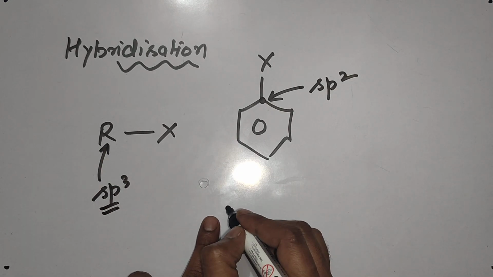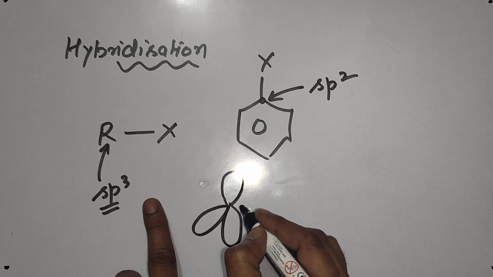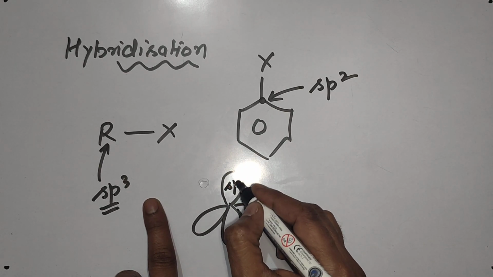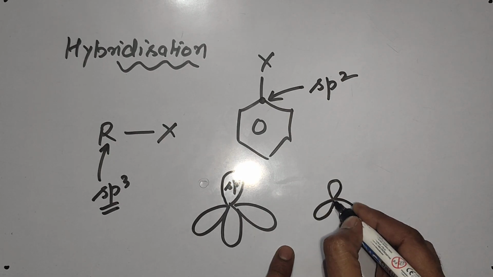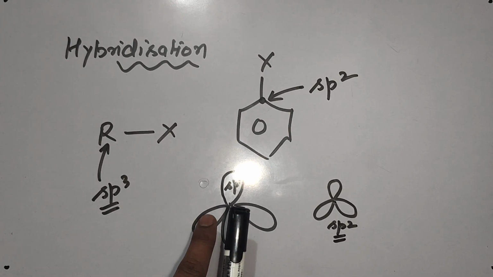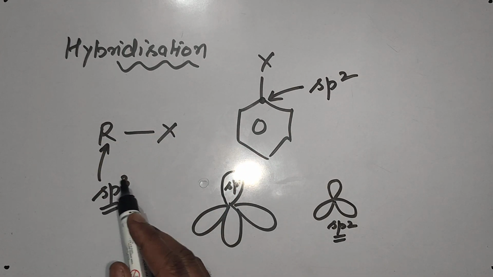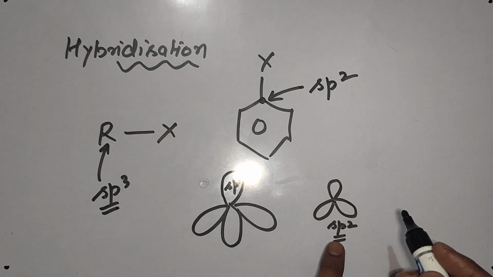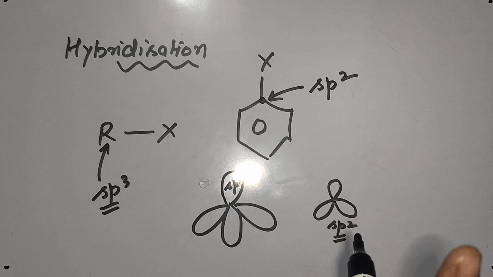Dear students, size of sp3 orbitals, this is sp3 orbitals, tetrahedral, and the size of sp2 orbitals, they have a difference. sp3 orbitals are bigger because they are made up of 4 orbitals, s and 3 p's. And sp2 orbitals are smaller because they are made up of only 3 orbitals, 1 s and 2 p.